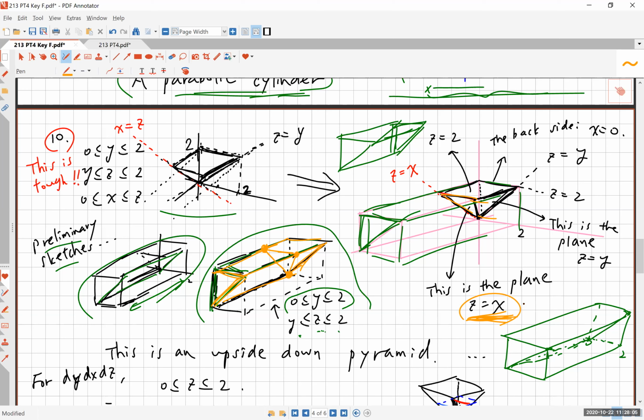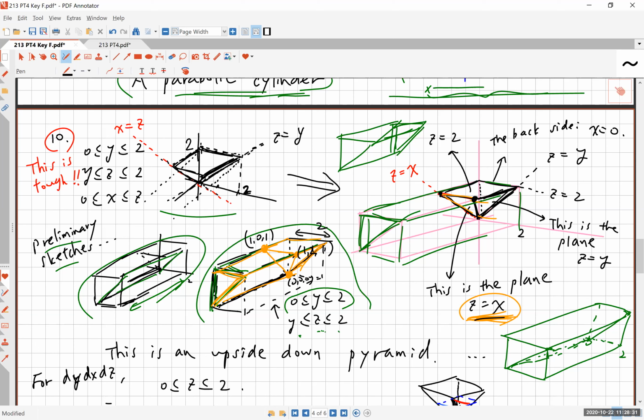So what are these points here? This is the point. What did I say? It's 1, 0, 1. Remember x is equal to z has to be true here. This is 0, 0, 0, and this is 1, 1, 1. No, 1, 2, 1, right? Because this length is 2. So that's what's happening. Again, this point is 1, 0, 1.